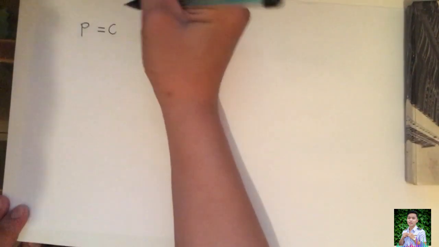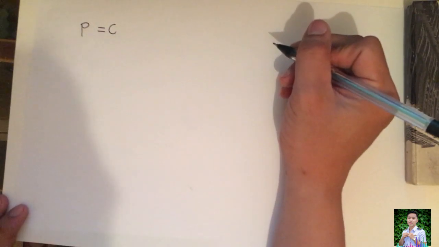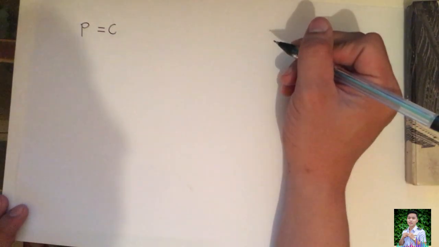So, based on the first part of Charles' law, this is the formula that is produced. Since pressure is constant, we put P is equal to C. And the law states that volume is proportional to the absolute temperature.